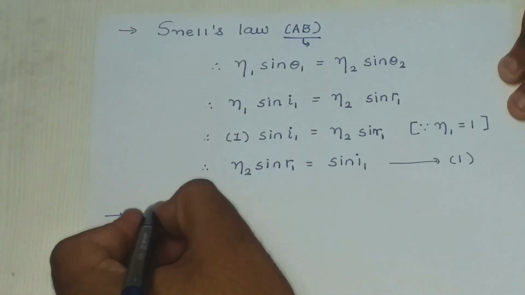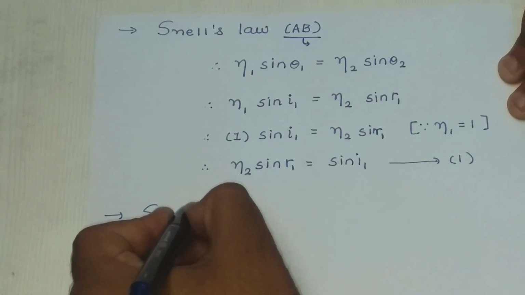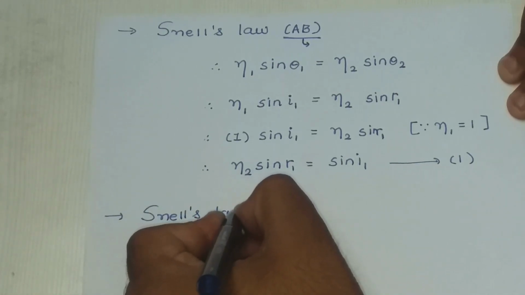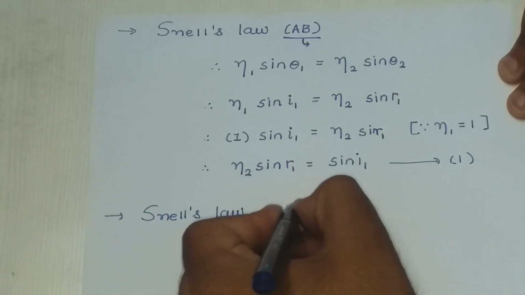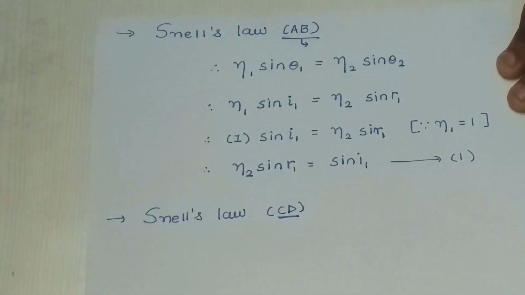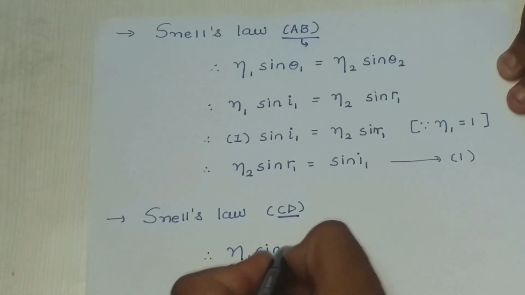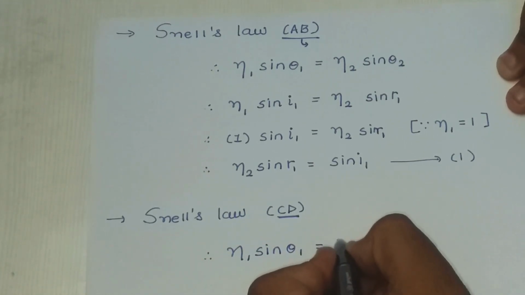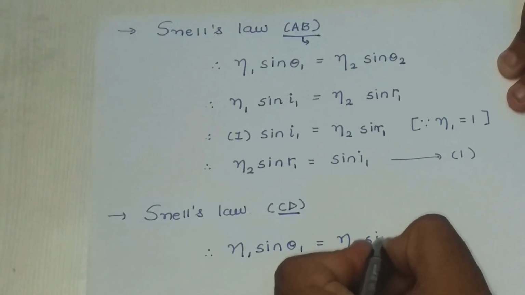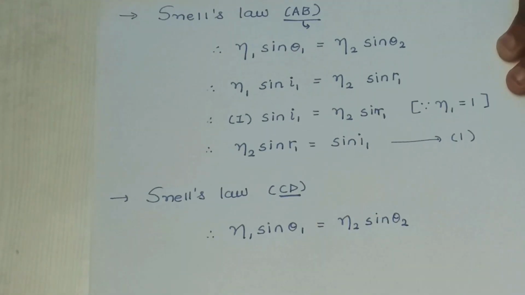Now we apply Snell's law for the CD surface. First we write Snell's law: eta 1 sin theta 1 is equal to eta 2 sin theta 2.